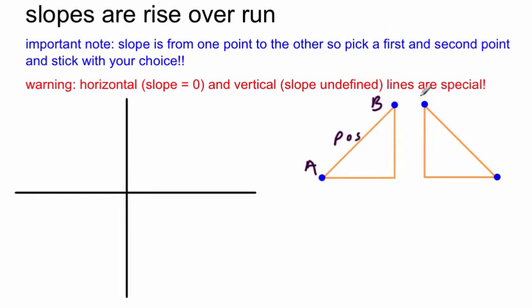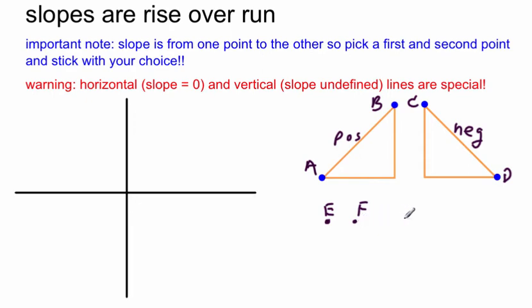And over here, as we go from point C to point D, we actually go downward, so we'll talk about this as a negative slope. There are two other cases, one where we have horizontal points, and so when we look at the rise as we go across from point perhaps E to F, we have no rise at all.